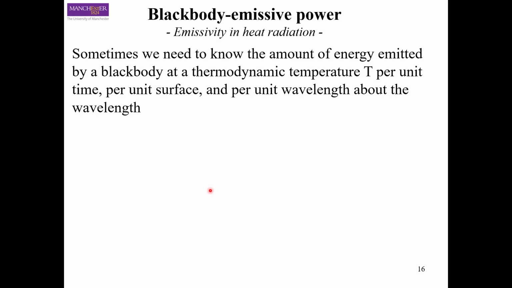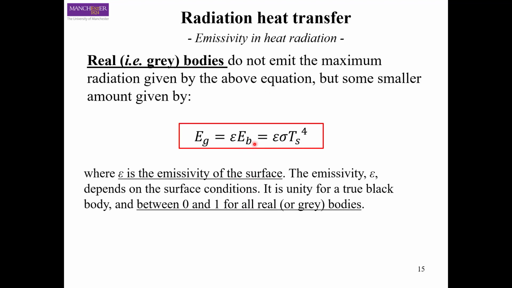Now, sometimes we need to know the amount of energy emitted by a black body per unit time, per unit surface area, at a particular wavelength. In the previous slide, when we were talking about Eb or Eg, this is the energy emitted irrespective of the wavelength.